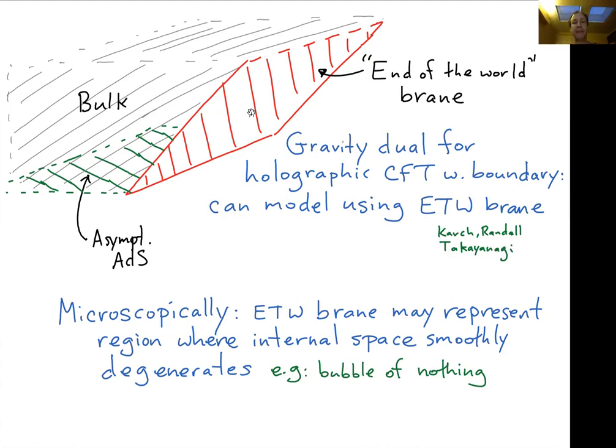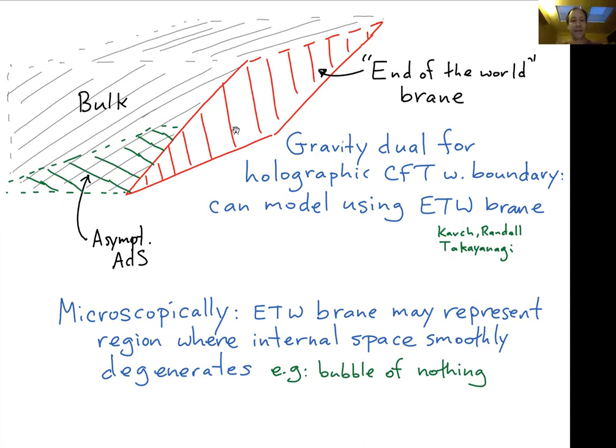In a more microscopic perspective, there is not necessarily anything sharp that terminates the space-time. What can happen microscopically is that you have, say, AdS times some internal space, and then as you approach this place here, that could indicate the internal space smoothly degenerating.